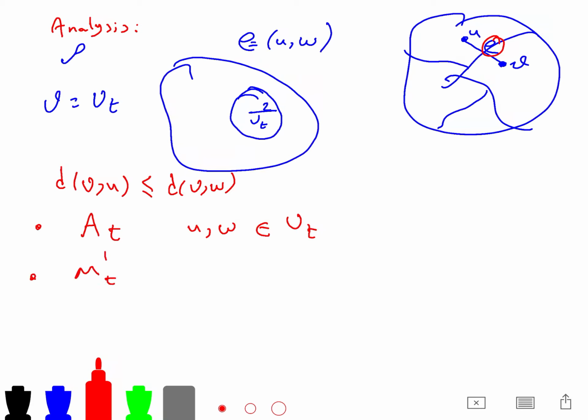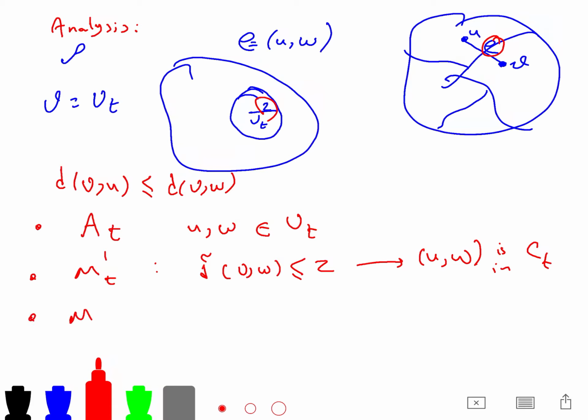We have M1T, as you are reading the article, it is the other event, the event that D tilde of V of W is less than that radius Z. So the distance between them is less than radius Z, conditional on A of T, of course. And this says that the edge U and W is inside C of T, inside that cluster.